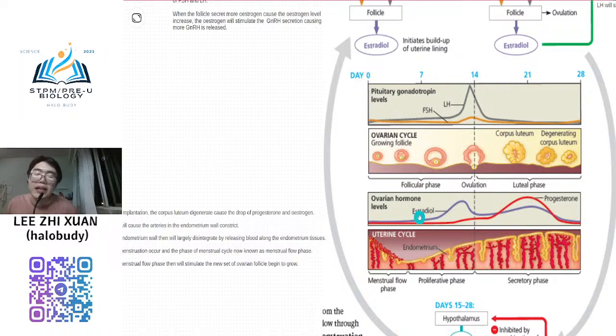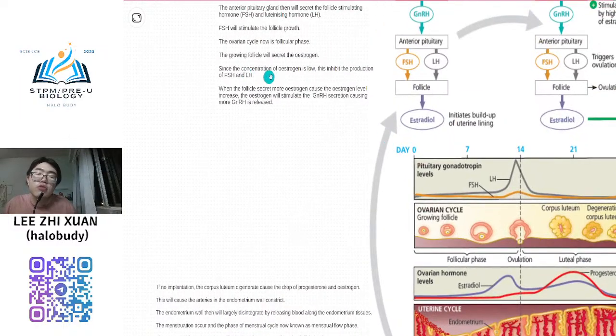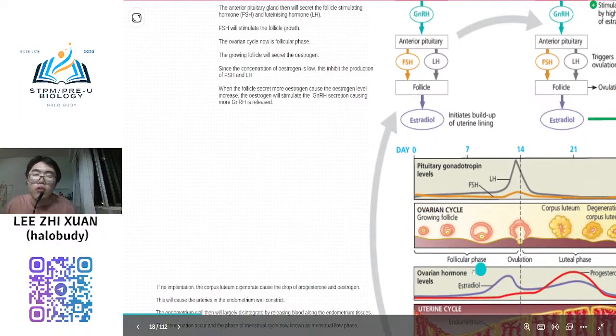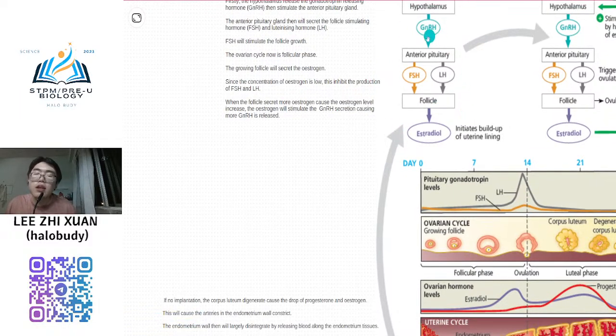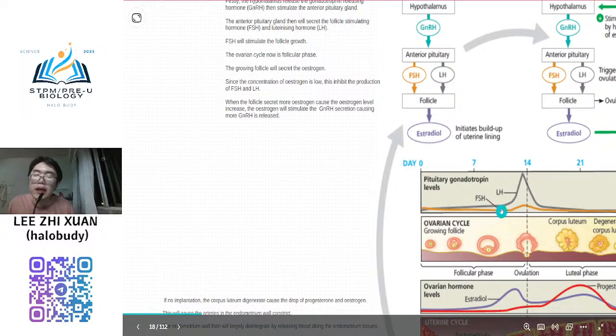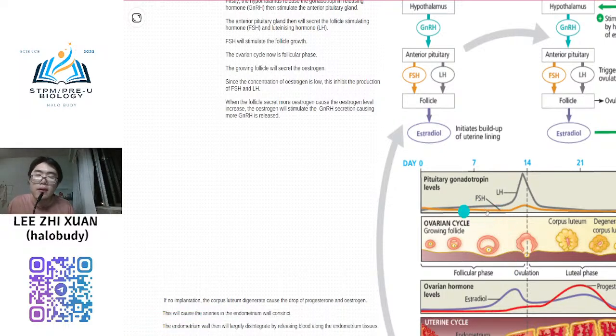This is the American term, but in British terms we use estrogen. So estradiol is equal to estrogen. Due to the low estrogen, your production of FSH and LH will be inhibited, so they will not be secreted in higher amounts, as you see in this diagram.